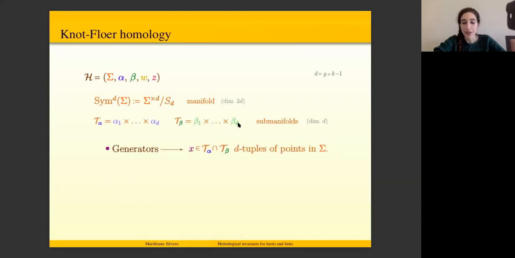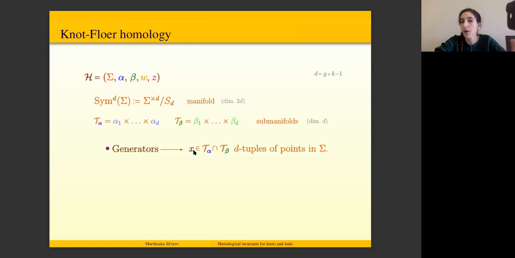So I need to form a complex. The generators are going to be the tuples of points in the surface coming from the intersection of T alpha and T beta.